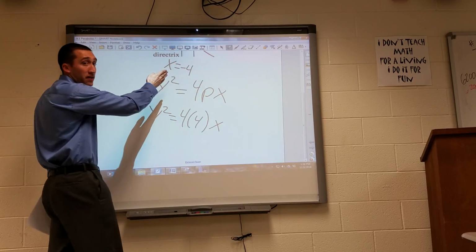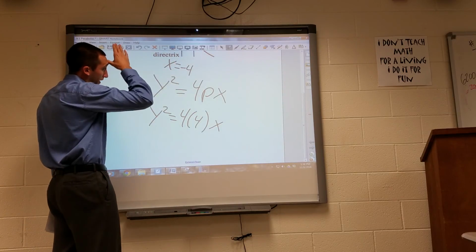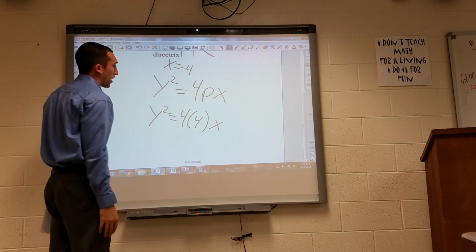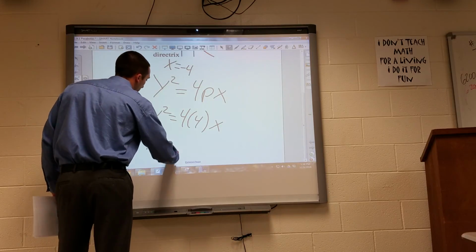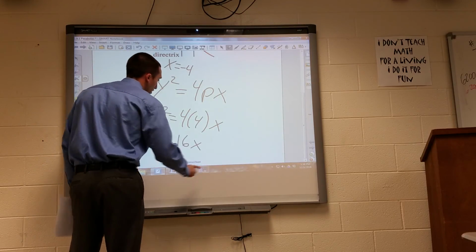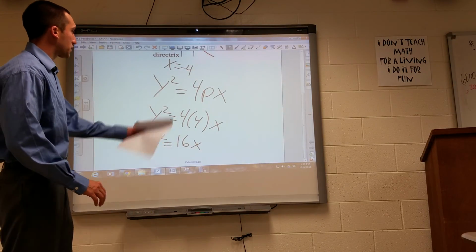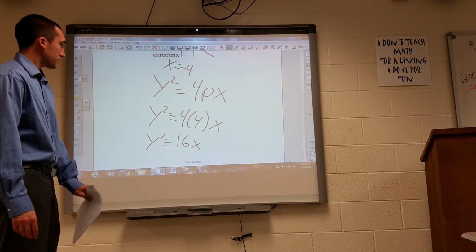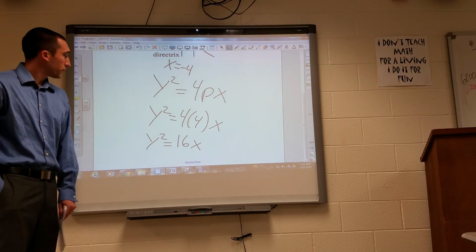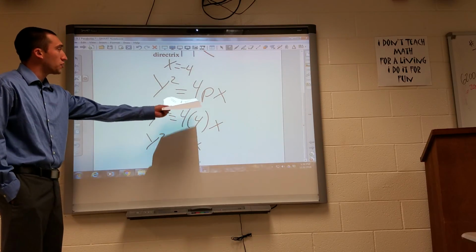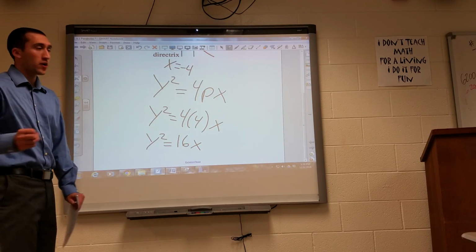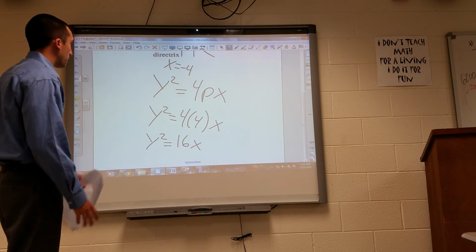Because my directrix was at -4, directrix is always negative p, so that means p is a positive 4. So my equation is y squared equals 16x. And that's it. From the picture, I'm able to get my standard form. So all we really have to do is be able to find p, and then we can plug it in and find our general form.